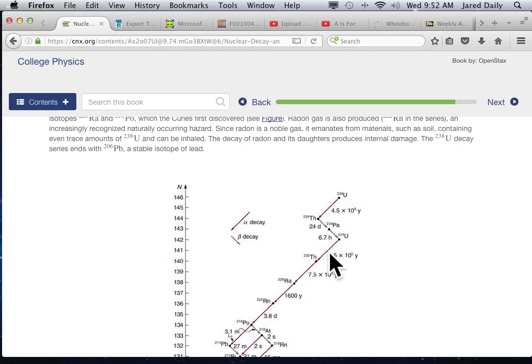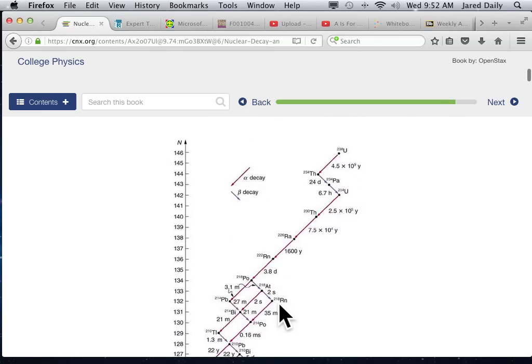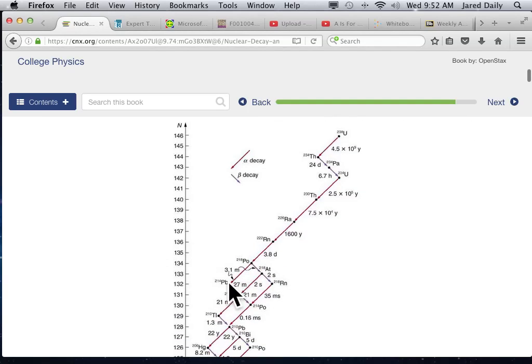But then it alpha decays to thorium again, alpha decays to radium, alpha decays to radon, alpha decays to polonium, alpha decays to lead. But it doesn't have to alpha decay to lead. Sometimes it alpha decays to lead, but sometimes it beta decays to astatine, and then to radon again, and then back to polonium, and then back to lead again. So there are different paths that different particles can take.